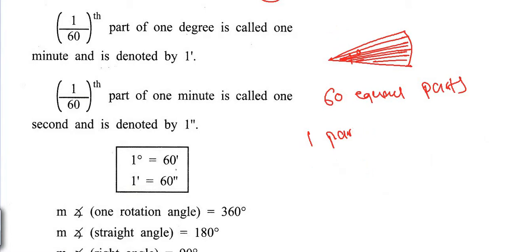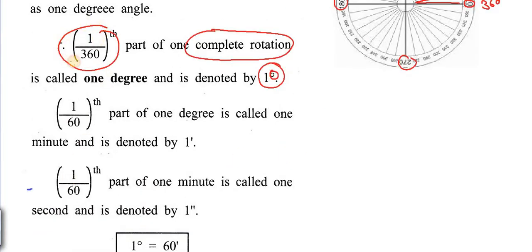So what are the units in the sexagesimal system? First, a degree. What is a degree? A degree is 1 upon 360th part of a complete circle angle or complete rotation. If a degree is divided into 60 equal parts, then one part is known as 1 minute.